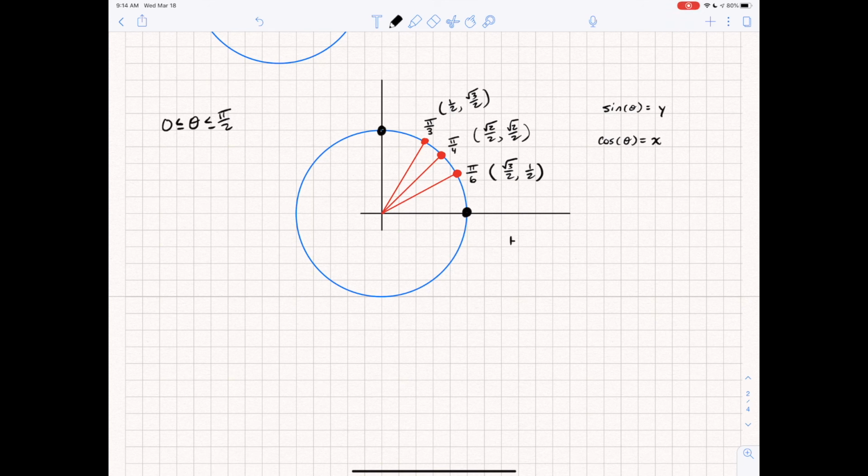As your hint, remember, what is the radius of a unit circle? Well, the radius, remember, is 1 unit. So if I'm here at 0, I haven't gone anywhere yet in terms of rotation, so 0 degrees or 0 radians.